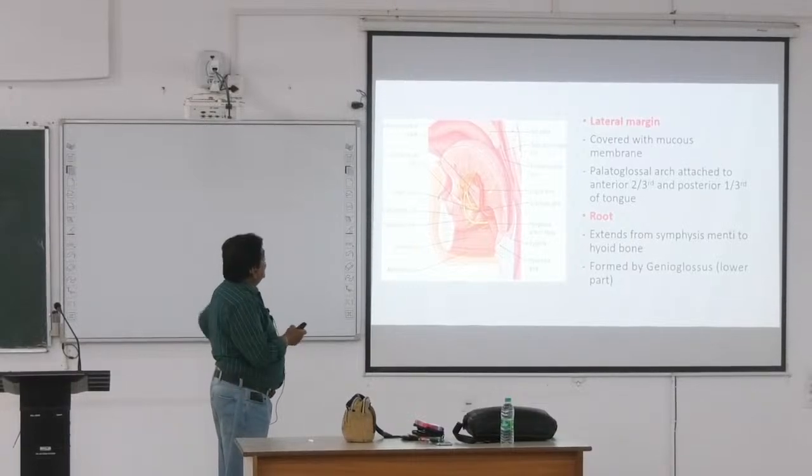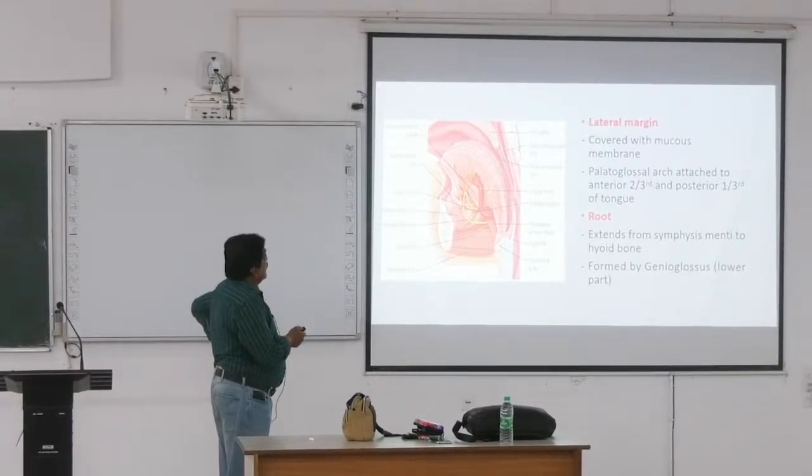Now you can see the lateral margin covered with mucous membrane, palatoglossal arch attached to the anterior two-third and posterior two-third of the tongue. This is the palatopharyngeal arch. This is the inferior longitudinal muscle.